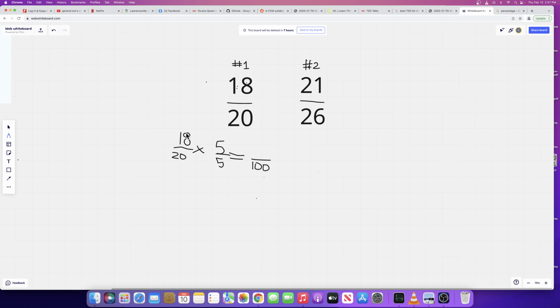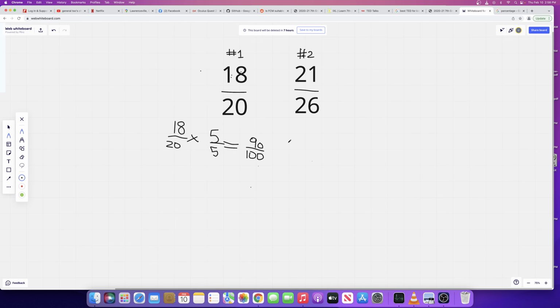To multiply fractions, I talked about that in my earlier video, and you can go ahead and watch that if you want. So 20 times 5 is 100, and 18 times 5 is 90. So we have 90 over 100.